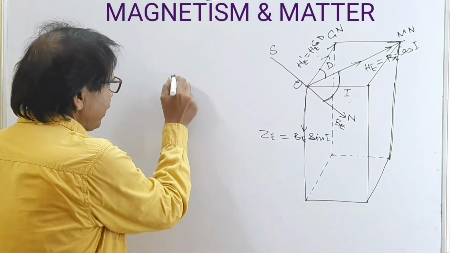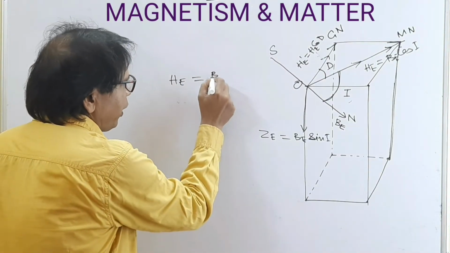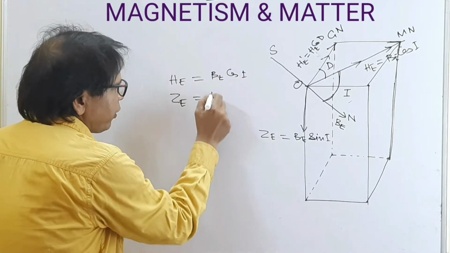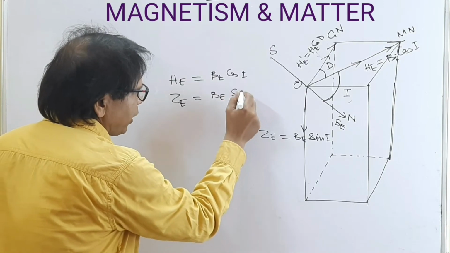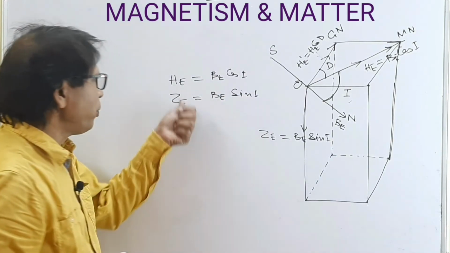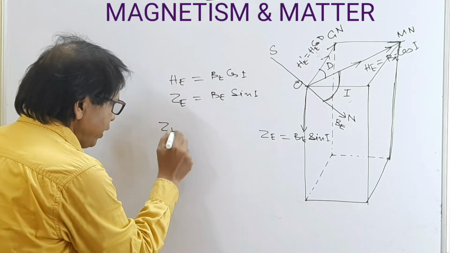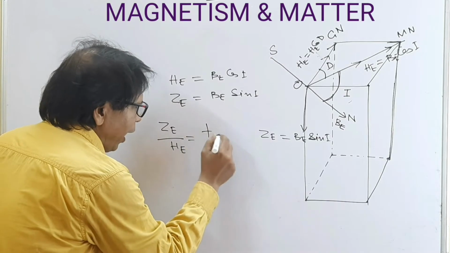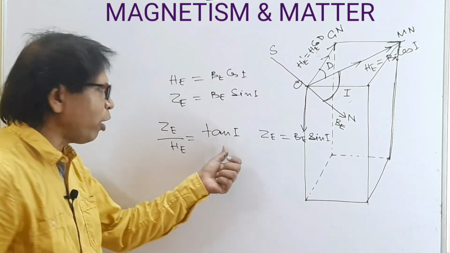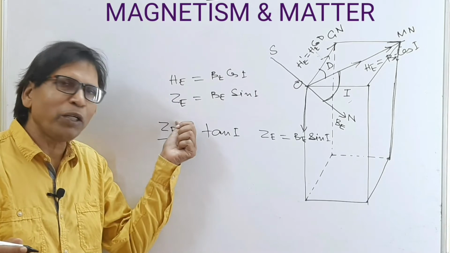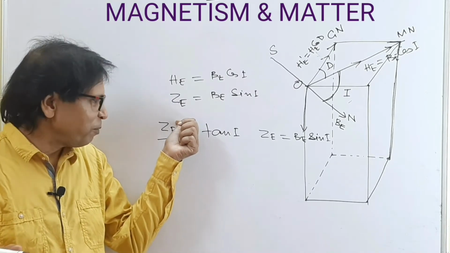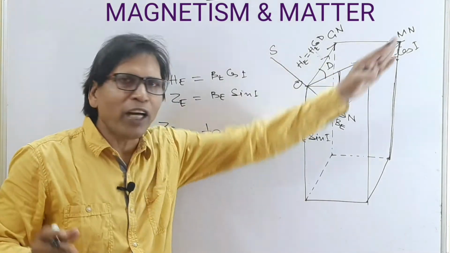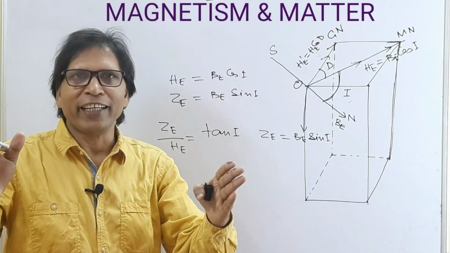Okay, here HE equal to BE into cos I, and the vertical component ZE is BE into sin I. If we divide this by this, ZE divided by HE is equal to tan I. So tangent of angle of inclination is the ratio between vertical component and horizontal component of magnetic field with respect to the magnetic meridian.